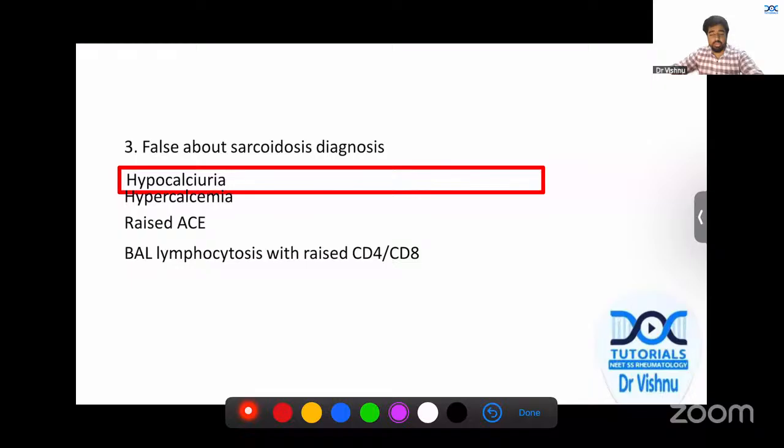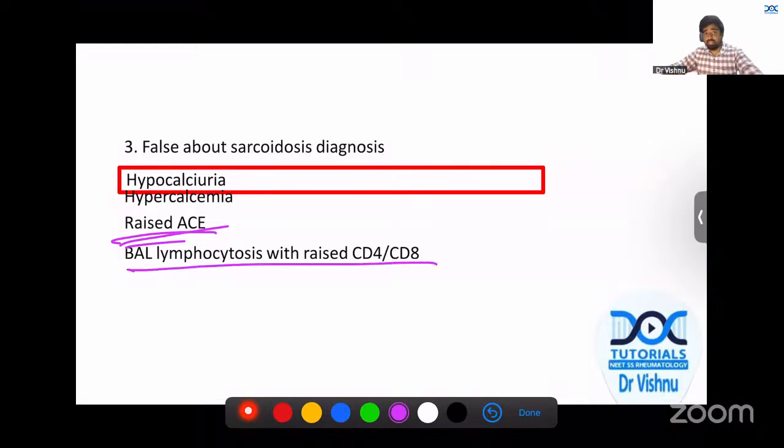So which is false about sarcoidosis diagnosis? Among the electrolyte abnormalities, the most typical manifestation is hypercalciuria, not even hypercalcemia. Hypercalciuria is usually seen more compared to hypercalcemia, but hypocalciuria is obviously wrong. Raised ACE levels are one of the markers for sarcoidosis.